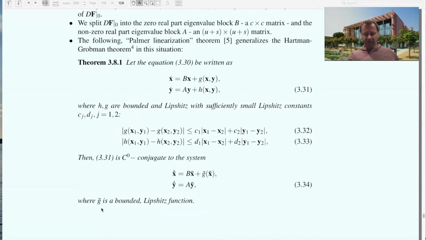And G tilde is a bounded Lipschitz function, so it satisfies something similar to this. This is interesting because if we go back to our linear system analysis, we're going to almost immediately see that this will yield Koopman operator eigenfunctions for this system.